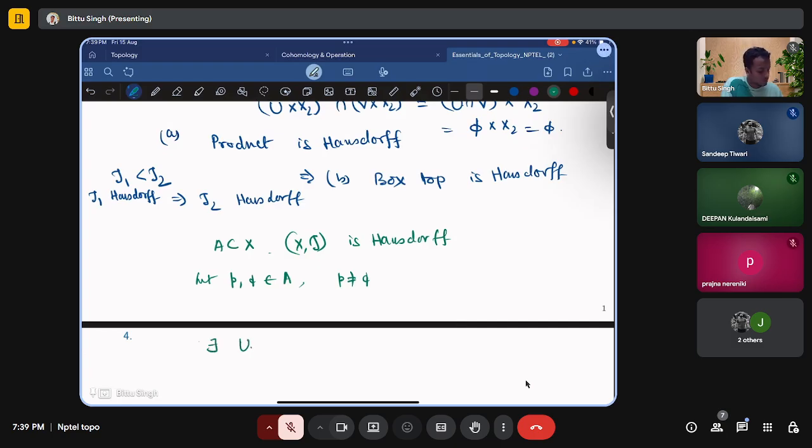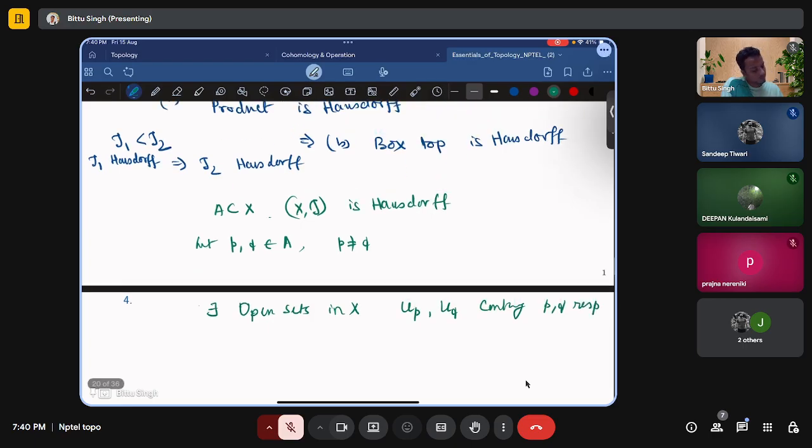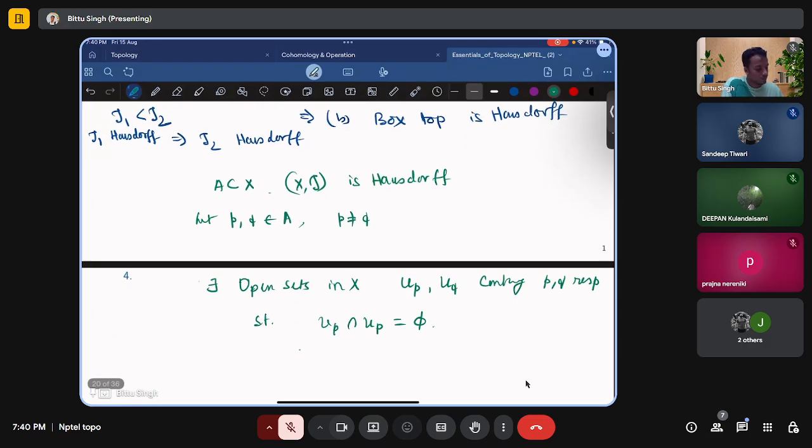There exist open sets UP, UQ in X containing P, Q respectively such that UP intersection UQ is empty. Since this is empty, restrict it over A; if we again intersect with another set, that will be empty again, right?